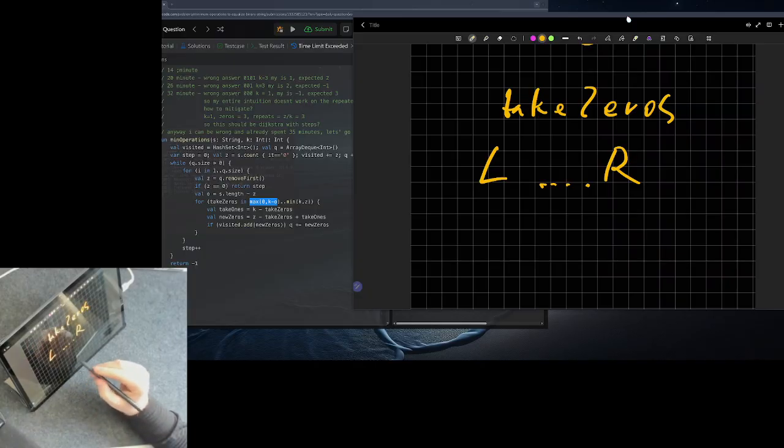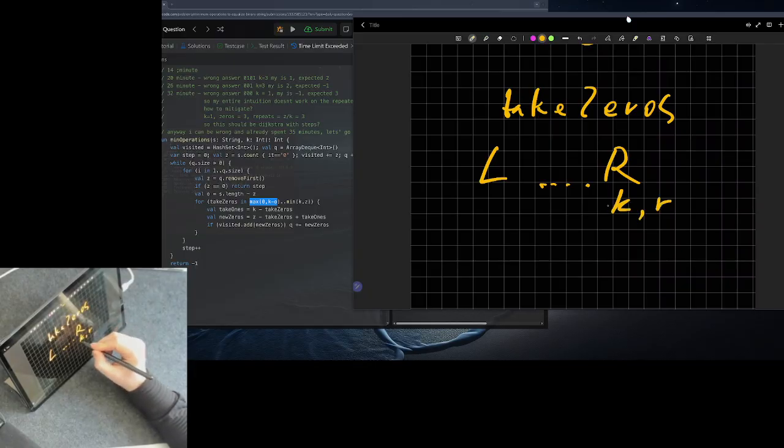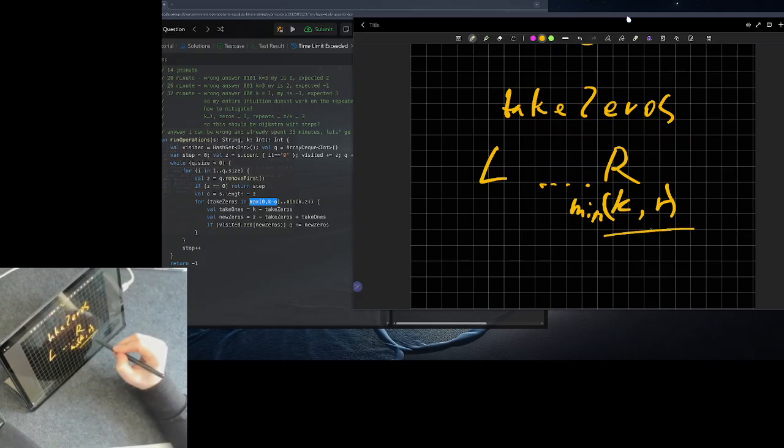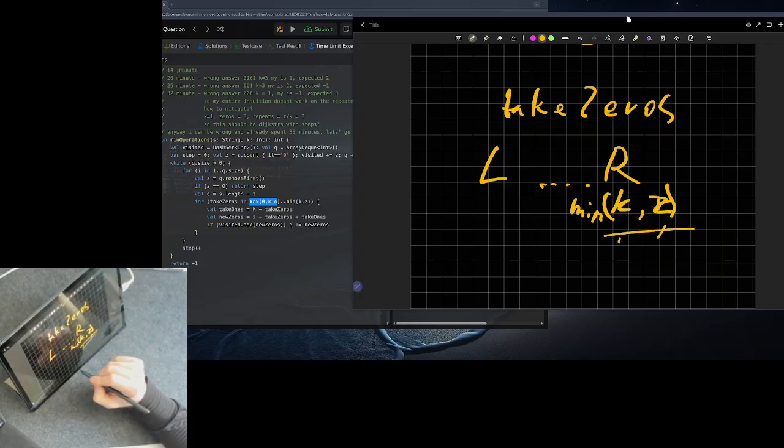The upper bound is that we can take the minimum of k or current zeros. So this is how much we can take at most. At most k or zeros is our upper bound.